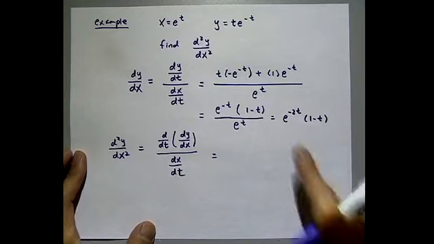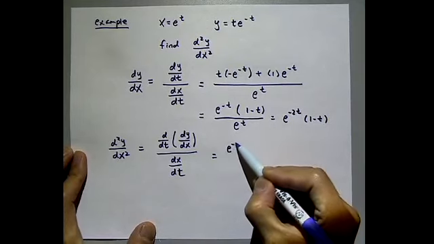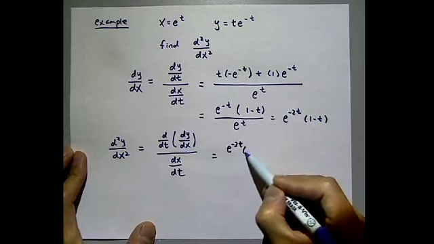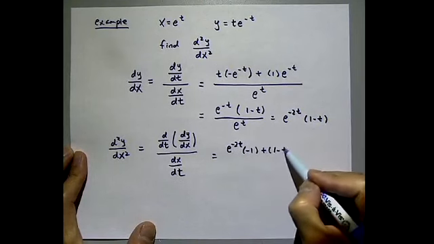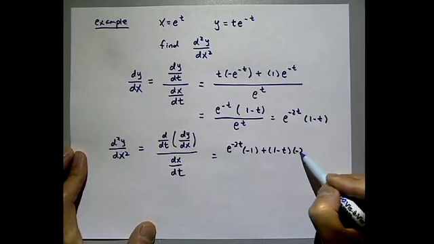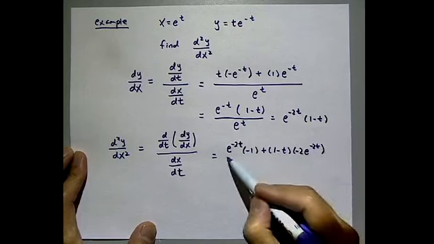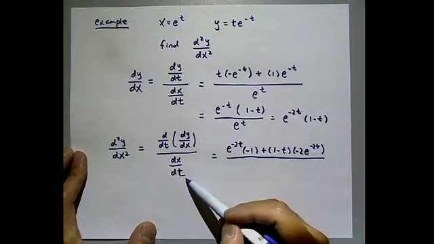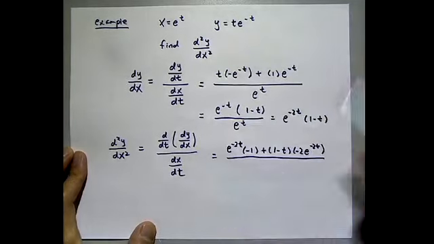One more application of product rule would be good. First, derivative of the second plus the second times the derivative of the first. dx dt is downstairs again, which is still e to the t.